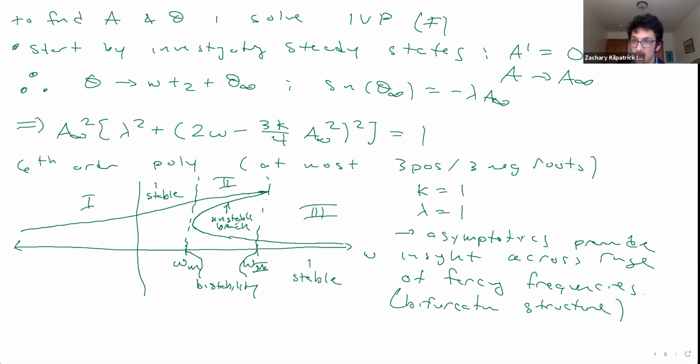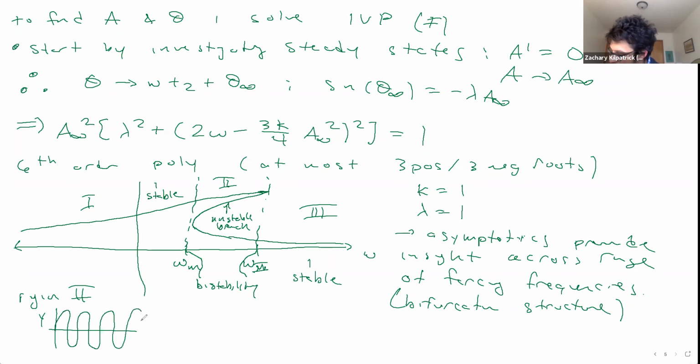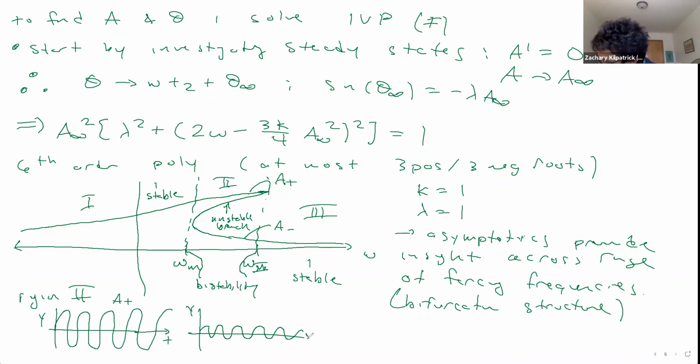stable oscillations, right? Because in region 2, as I said, there's a steady state solution that's going to look like this, okay? This would be like maybe a plus, okay? And then a minus down here would be that I have some smaller oscillation, y, as a function of t.